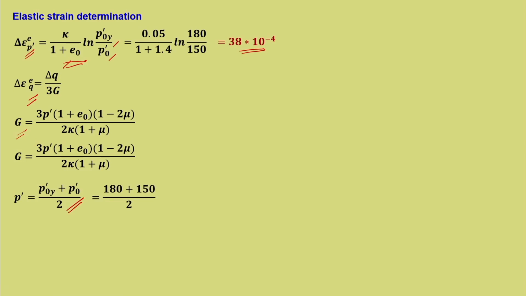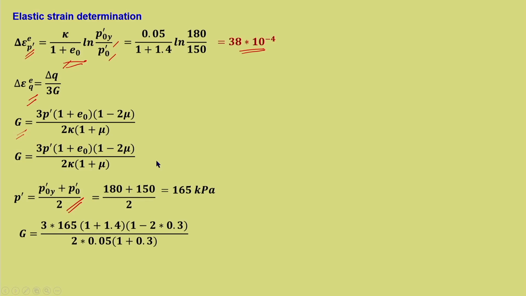So, that is equal to 180 plus 150 upon 2. So, that will give us 165 kilopascal. So, instead of using 180, use the average stress condition. So, that will give G is equal to 3 into 165 plus, you are just substituting it in the G expression, 3 into 165, 1 plus 1.4, 1 minus 2 into 0.3 divided by 2 into 0.05 into 1 plus 0.3.